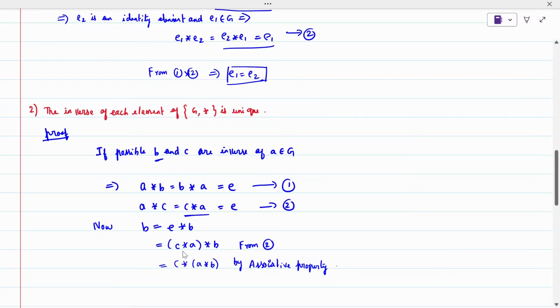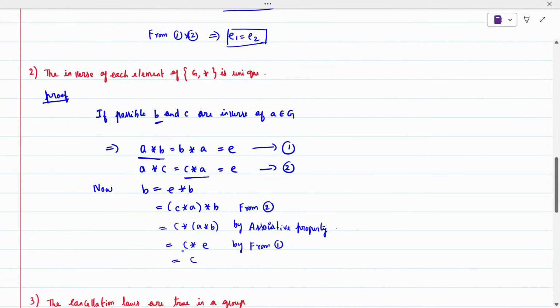Now A star B, where it is, you check, A star B is nothing but E. So C star E by 1. C star E is nothing but C. So we have proved B equal to C. So both the inverse are unique. We have proved it. So this is the way we have to prove for the second property.